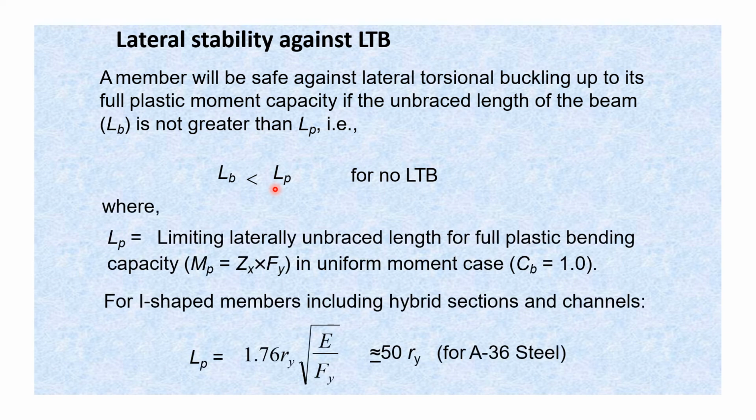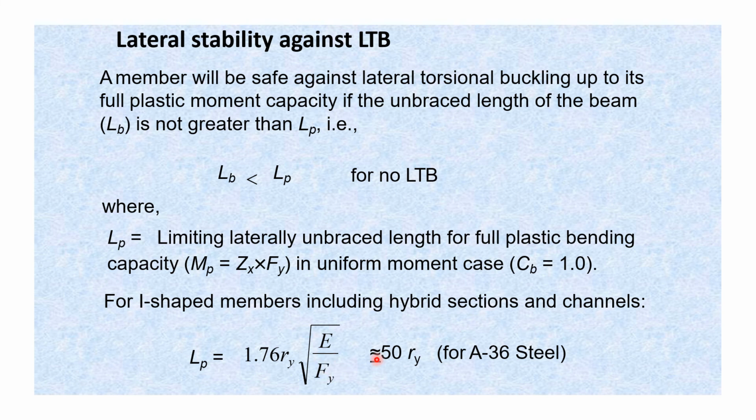So what is LP? That's a limiting criteria, the limiting laterally unbraced length for full plastic bending capacity, ZX into FY, in uniform moment case. CB is a modification factor. I will discuss again how it will be used for no LTB, no lateral torsional buckling. LP will be calculated for I-shaped members, including hybrid sections, meaning built up and hot rolled sections, and also for channel sections, equal to 1.76 RY under root E over FY.